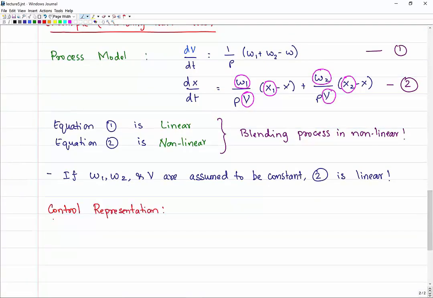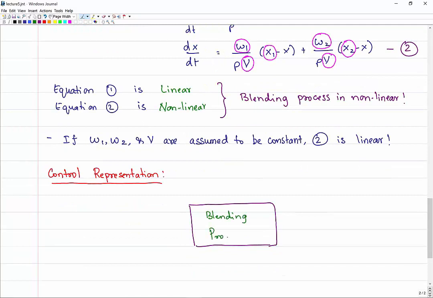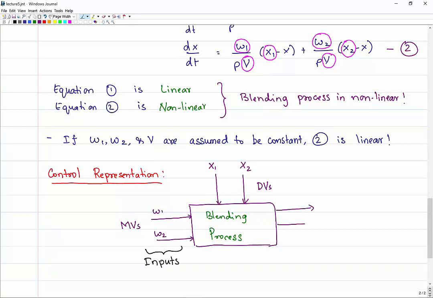It turns out that moving forward, we are rarely going to use the schematics of each process as we had done with respect to the blending process. Instead, we're going to represent every process with a simple rectangular block. The rectangular block here represents the blending process, and then we are going to use arrows to denote different variables that are affecting the process.